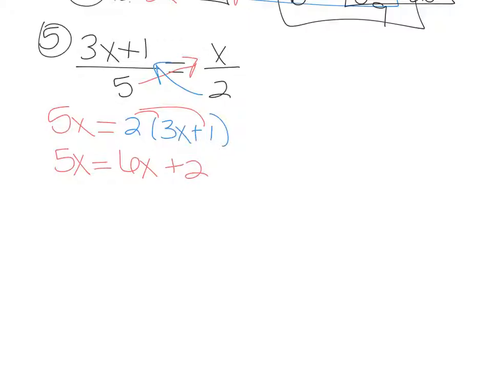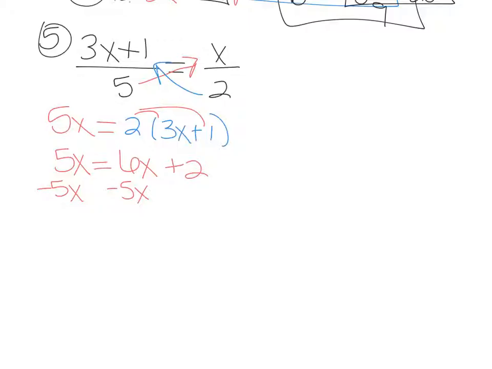I have x's on both sides of my equal sign. What do I do next? I need to get my x's in one place. Which side do you want to move them to? You want to move the 5x? Okay, so we're going to subtract 5x from both sides. 5x minus 5x gives me 0, they cancel out.